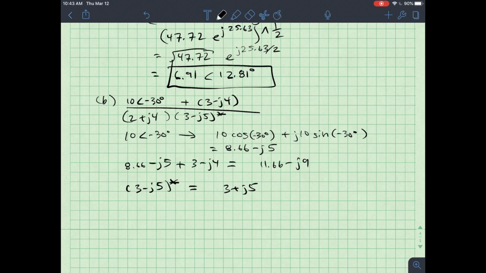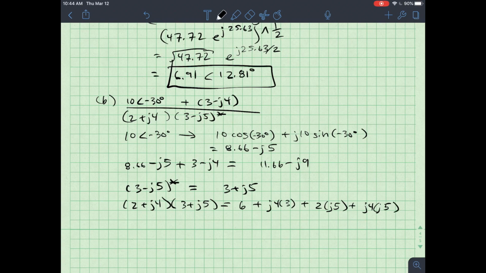I've done polynomial multiplication before. So that's 2 plus j4 multiplied by 3 plus j5, which is equal to 2 times 3, that's 6, plus j4 times 3, plus 2 times j5, plus j4 times j5.